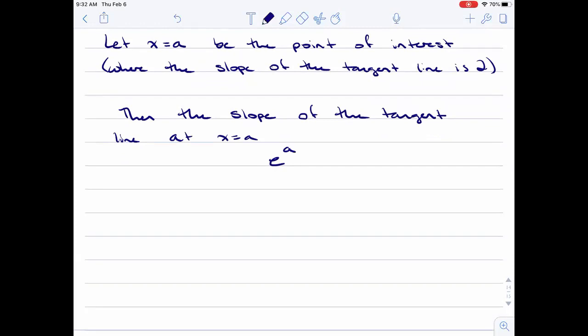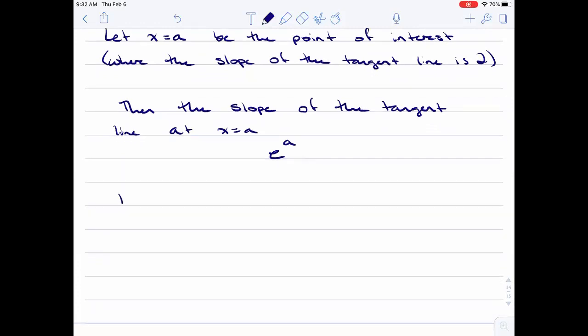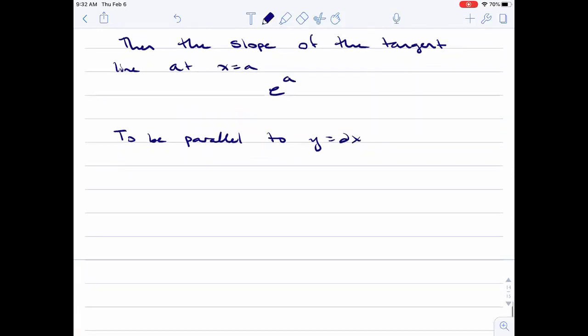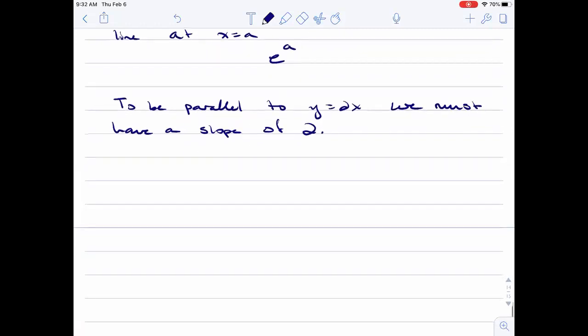But at e to the a, that's where our slope is going to be 2. To be parallel to y equals 2x, we must have a slope of 2. So we say that e to the a must be 2.